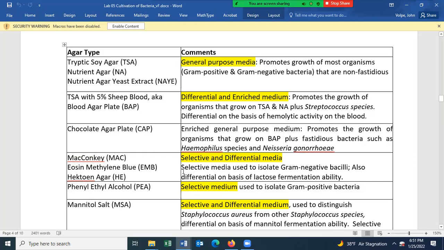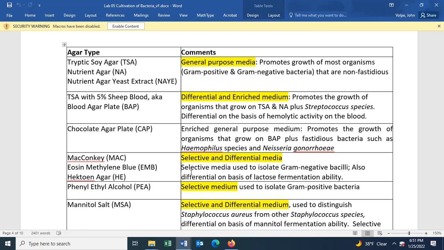MacConkey's agar and eosin methylene blue, also called EMB, or Hektoen agar, HE. These agars are all selective and differential. They're selective in that they allow gram-negative bacteria to grow, and they select against gram-positive cells.